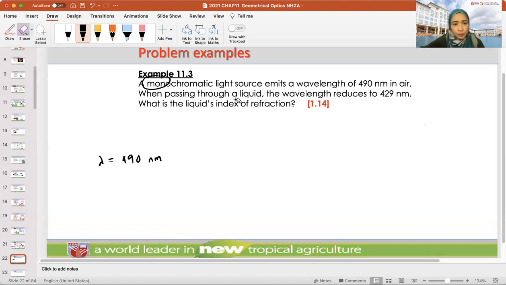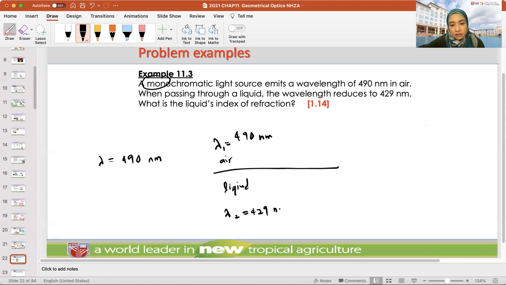When passing through a liquid, it starts in air, so let's draw air passing through a liquid. We don't know what this liquid is. The wavelength reduces to 429. So here lambda was 490, and when it went into this medium, lambda became 429 nanometers. It reduced. What is the liquid's index of refraction?